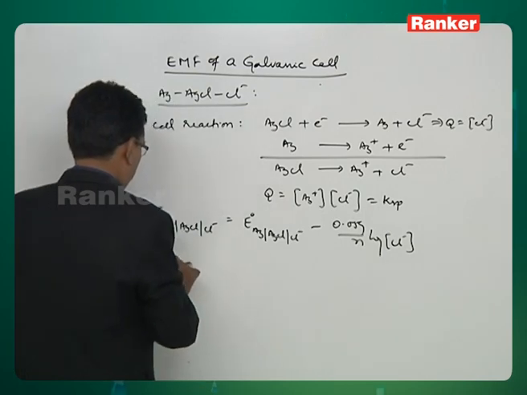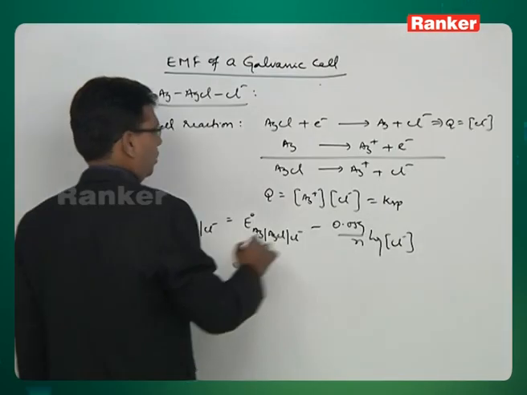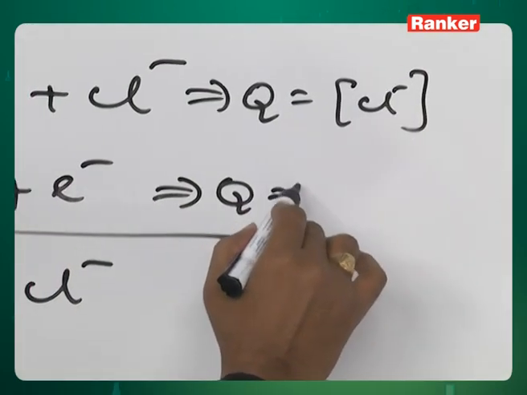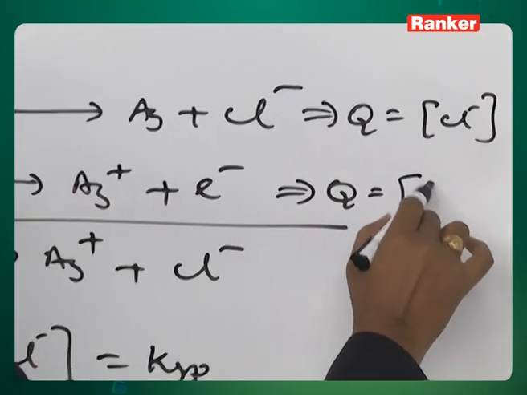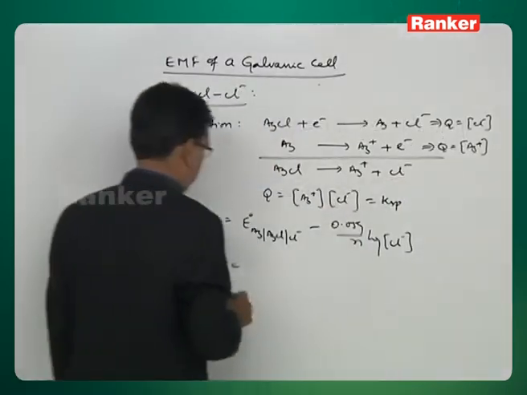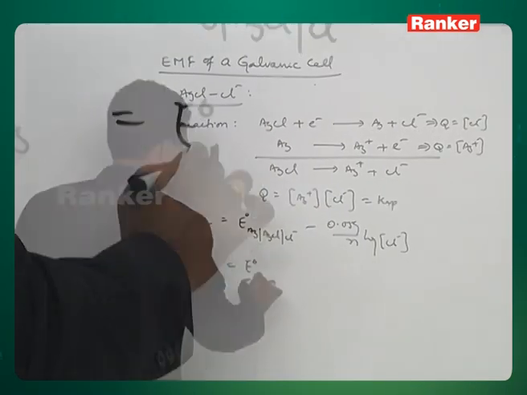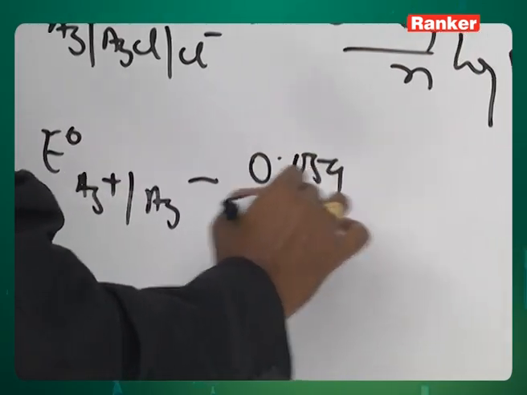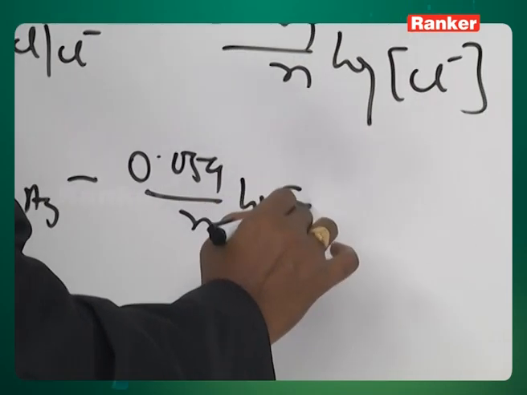And for Ag+, Ag, for this second half reaction Q is the concentration of Ag+, so E is E naught Ag+ by Ag minus 0.059 by n log Ag+.